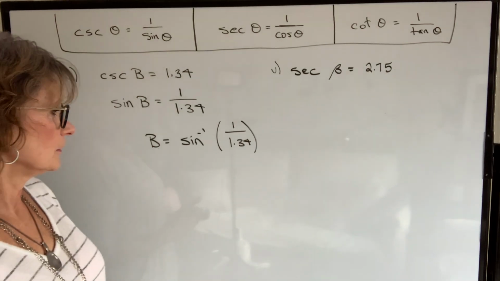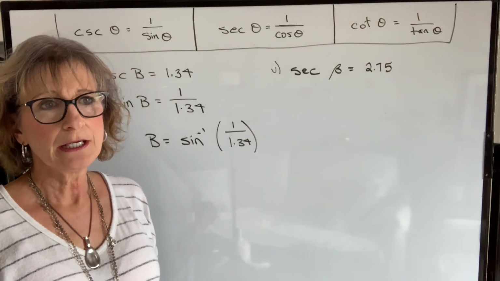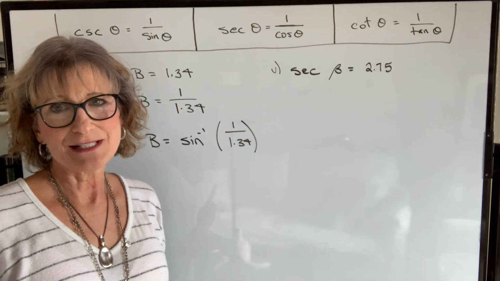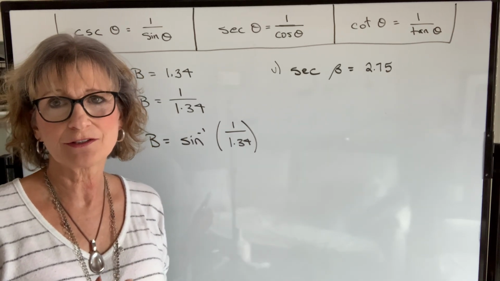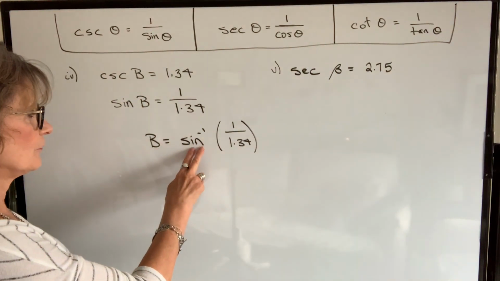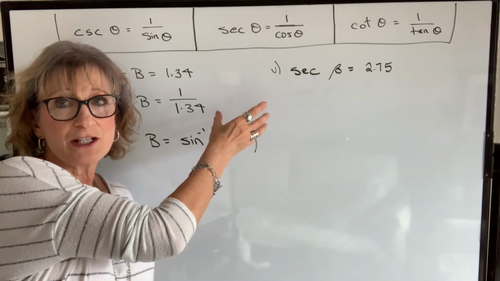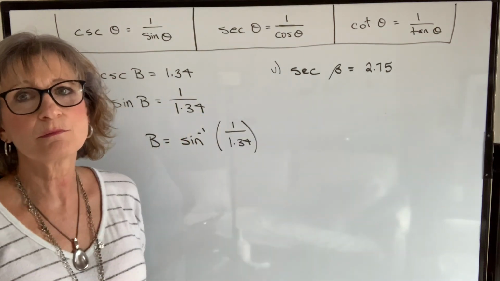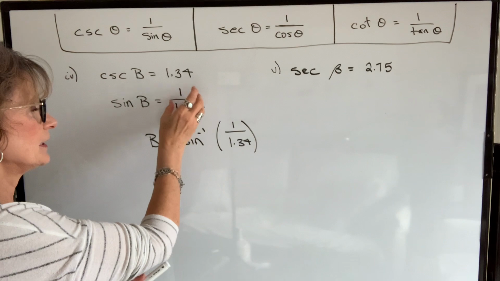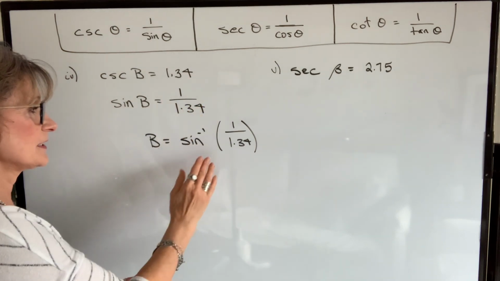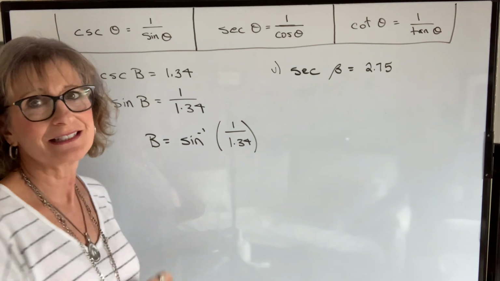And to get the result, there's a number of ways you can go about it with your calculator. It depends on your calculator, which I won't explain, but you're just going to have to play around with it to see if you put your inverse sine function in first and then the quantity. Some of you'll have to put the ratio in first and then press your inverse sine function. So some of you are going to find this reciprocal first and then find the inverse sine, or some of you are going to be able to type it in exactly as you see it.